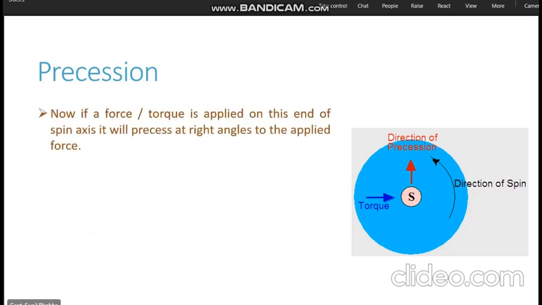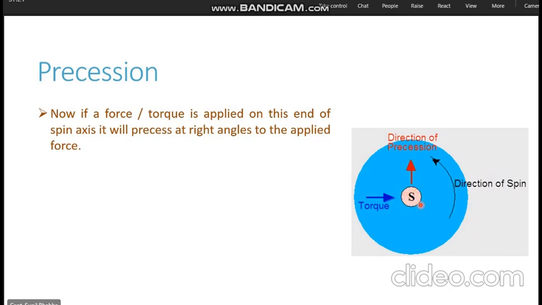Now let's imagine that we apply a force and we apply it to the south end of the spin axis. This blue color arrow which you see here is the force or torque being applied to the south end of the spin axis.